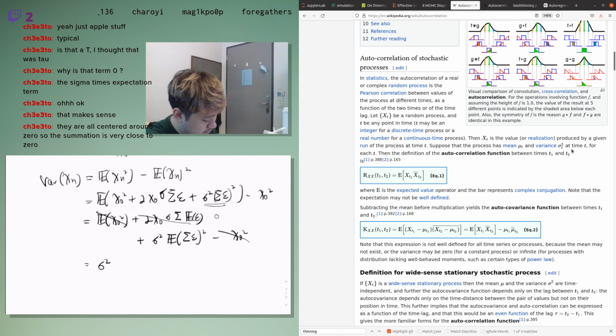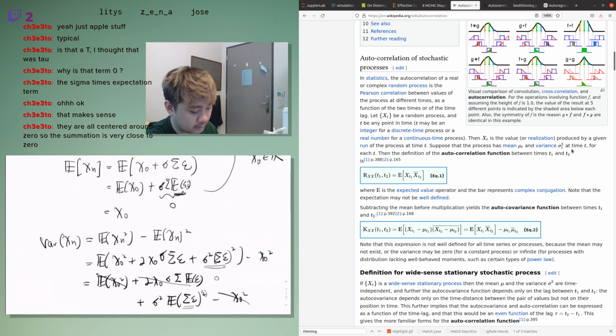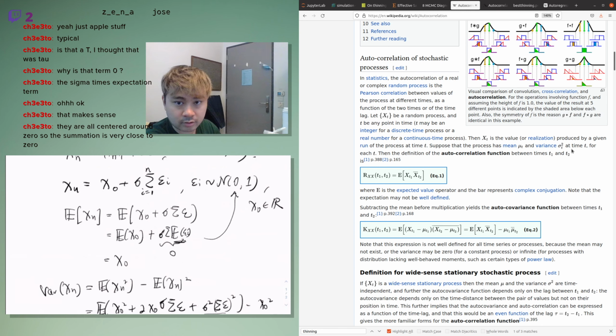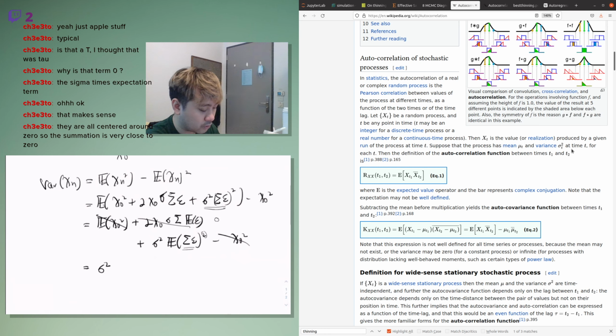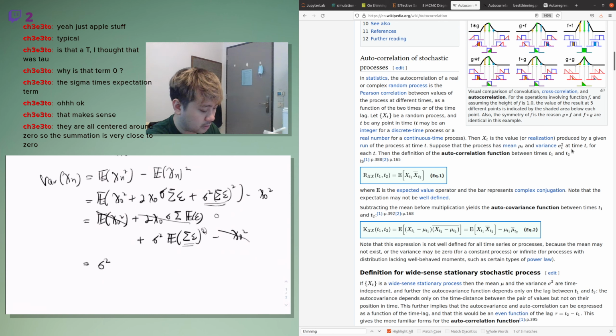Now here, so this is the expectation of the sum squared, which means I need to take care of the cross terms. But if you think about it, they are all uncorrelated because they are all independent, right? They are all drawn from this distribution and they're independent. So the cross terms are uncorrelated, so the expectation is 0 as well.